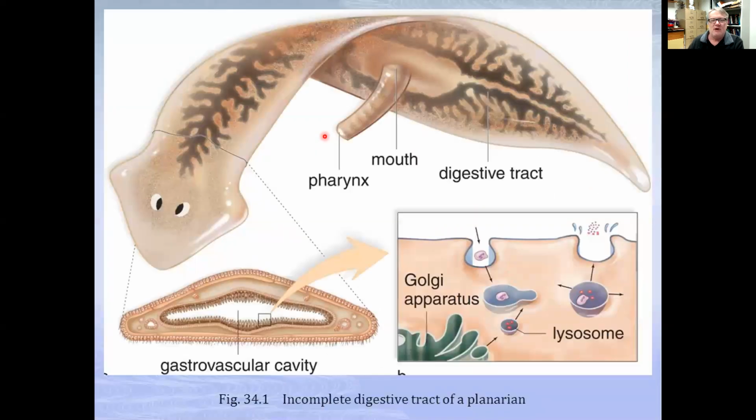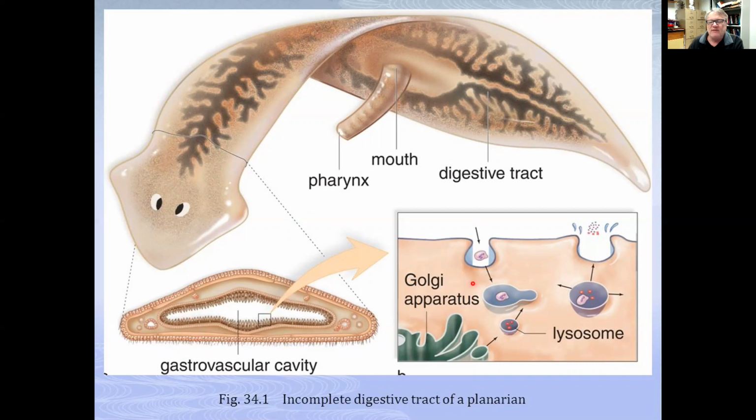Here's another blow up of the planarian, showing this muscular pharynx and the mouth and the digestive tract here. It does have the properties that we see of increasing surface area by creating these variable surfaces that are called rugae, that makes a greater area for diffusion into the body.